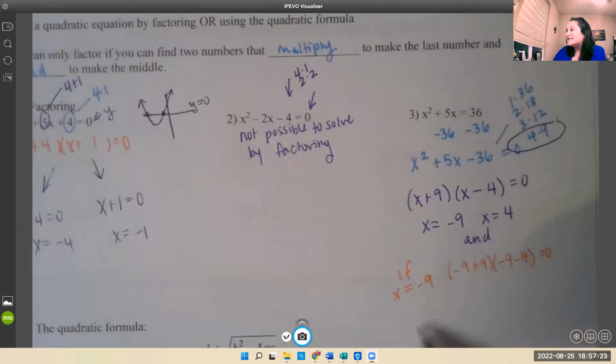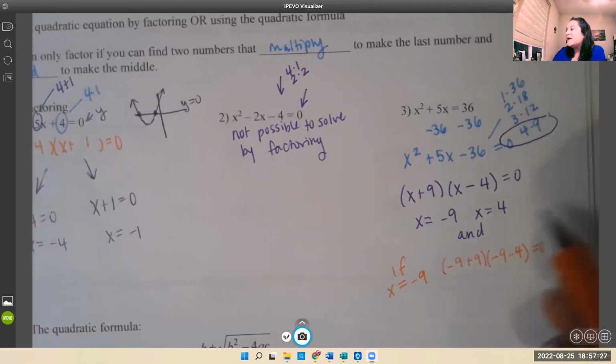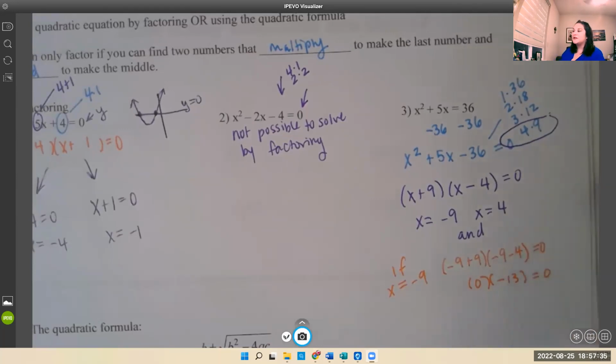I am a little tired, to be honest. So this negative 9 would make one of these two 0, not both of them. But if the first parentheses gives you a 0, it doesn't matter what is in the second parentheses, it would still make a true statement.